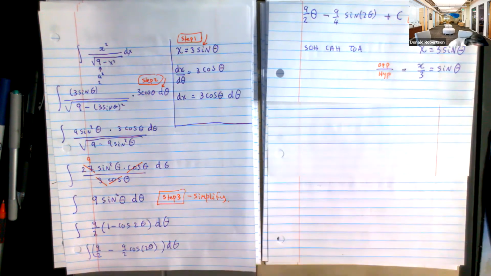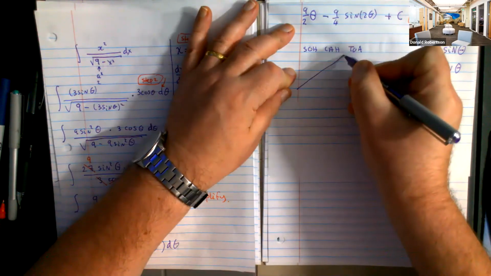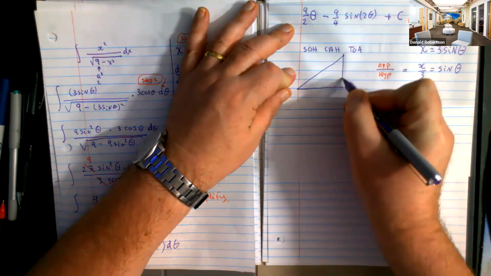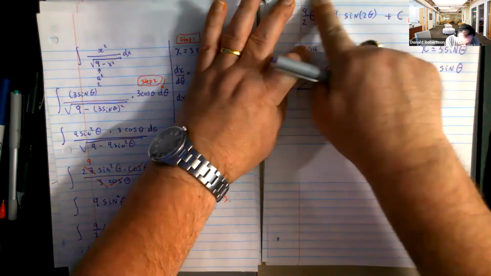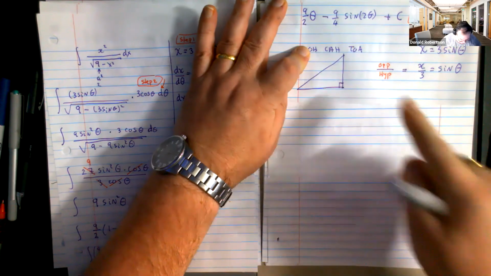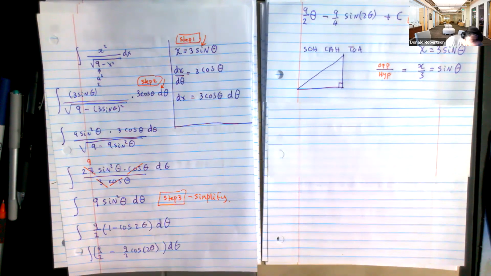And what that allows us to do is to build a right angled triangle. And this is all leading up to turning these things here eventually into x's.